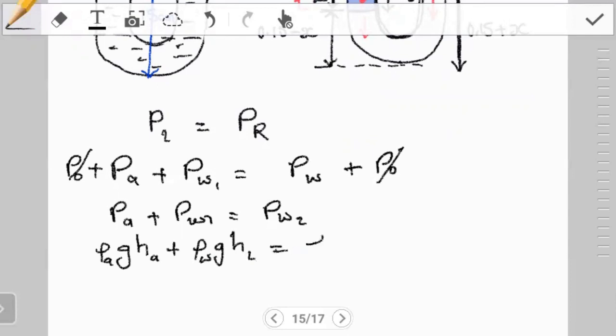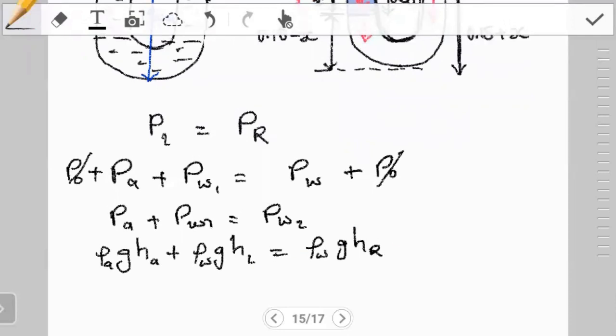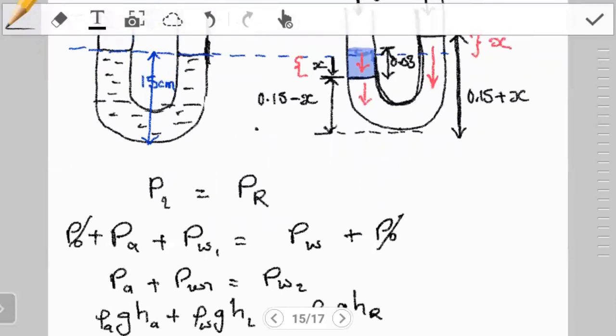This must be equal to the density of water, the gravity acting on the water, the height of the water column on the right hand side. So of course, I'm using h left to be this and h right to be that one.